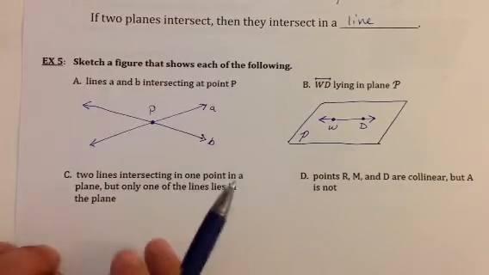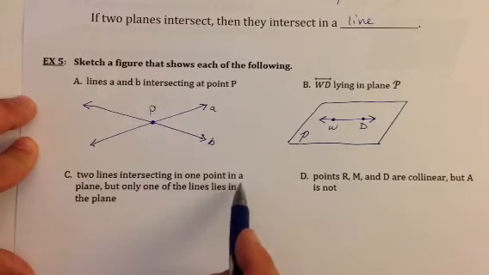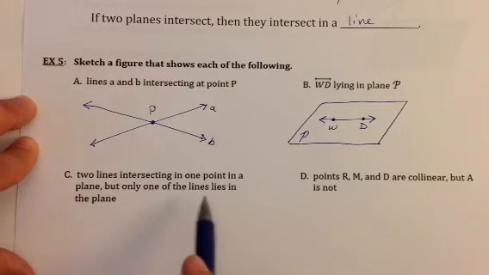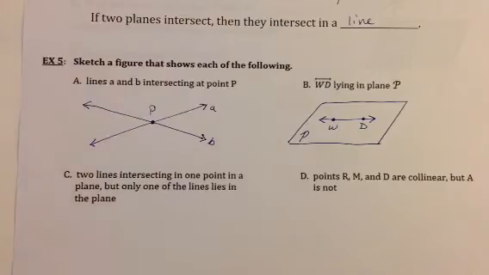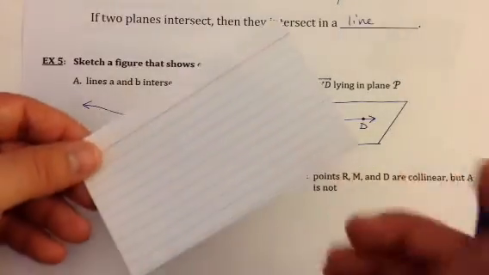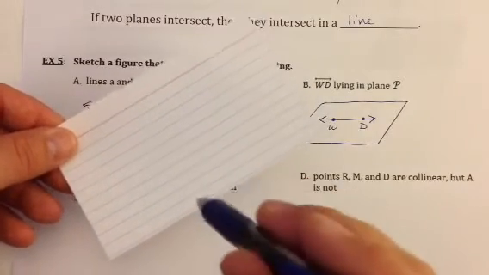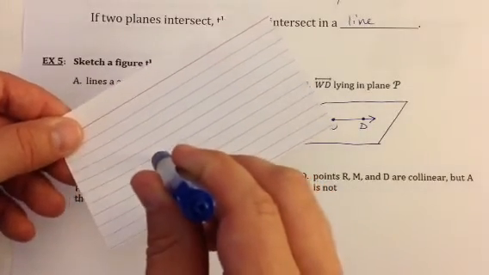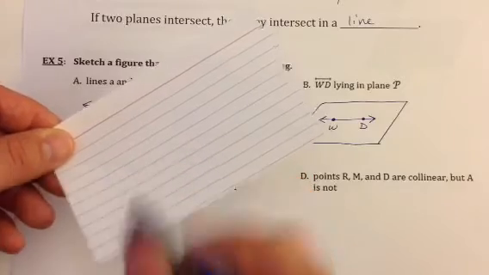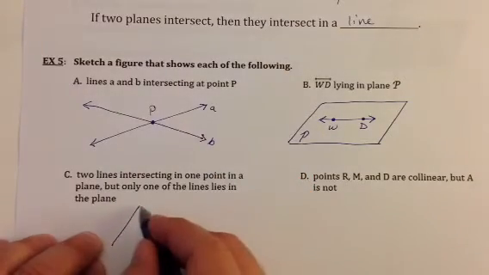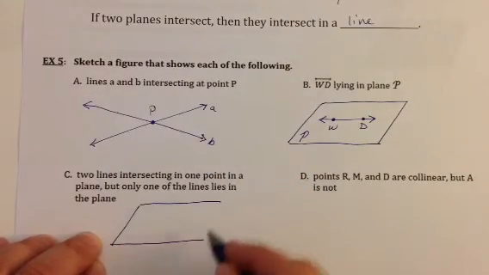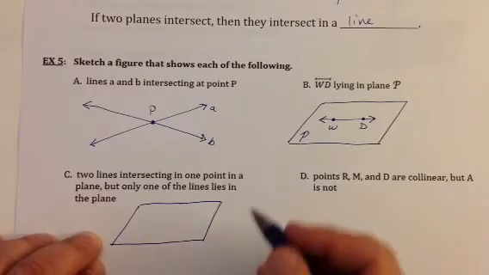And then on part C, we're going to draw two lines intersecting in one point in a plane, but only one of the lines is on the plane. Now this is kind of confusing. So what we're going to have is a plane. We're going to have a line on the plane, but then another line is going to go down through the plane and only intersect at that one point. And so we're going to start by drawing our plane, and they didn't give us labels here, so we don't have to label it.